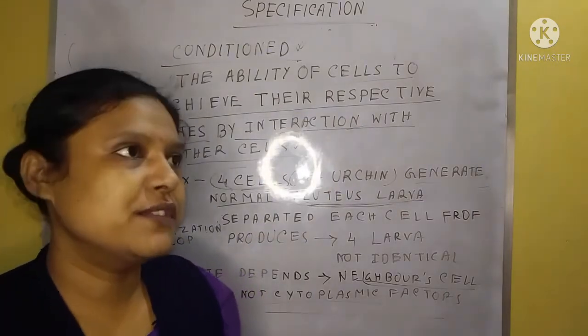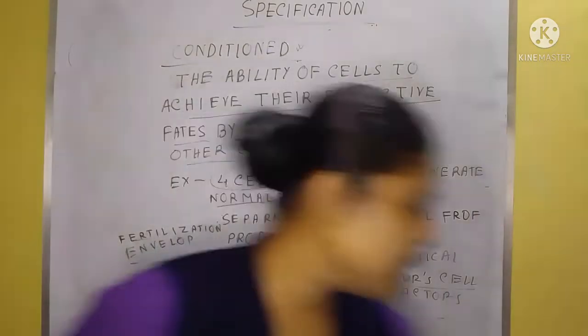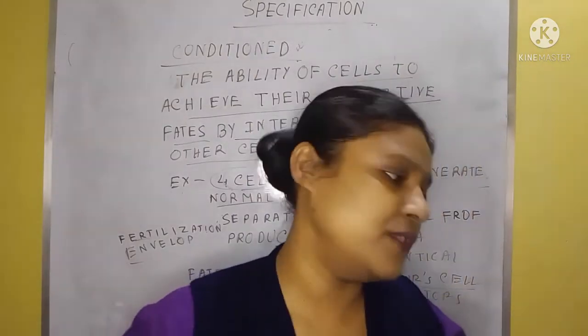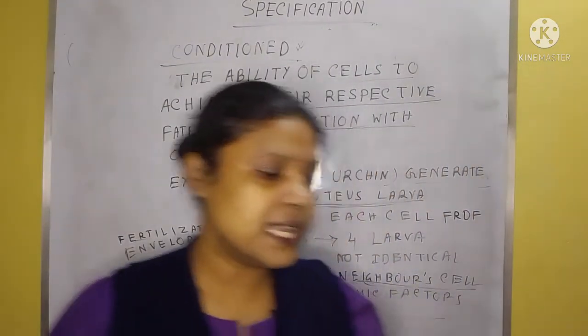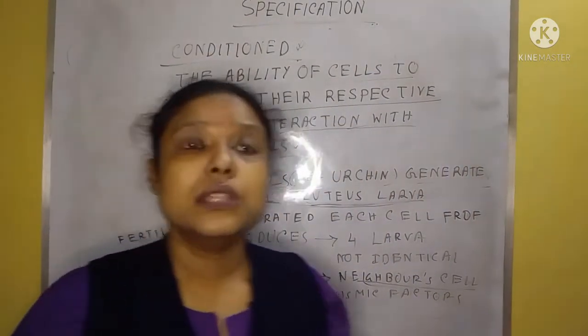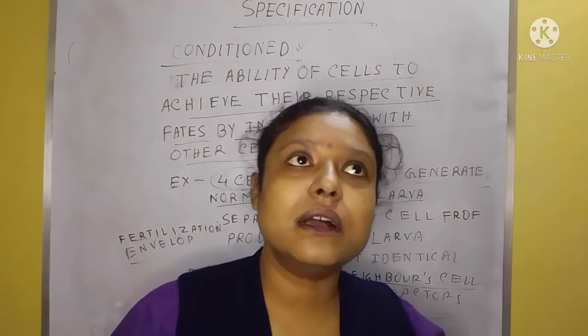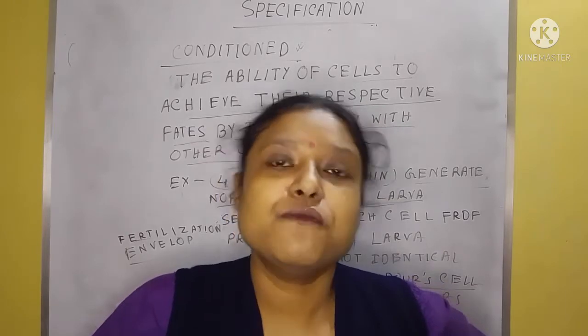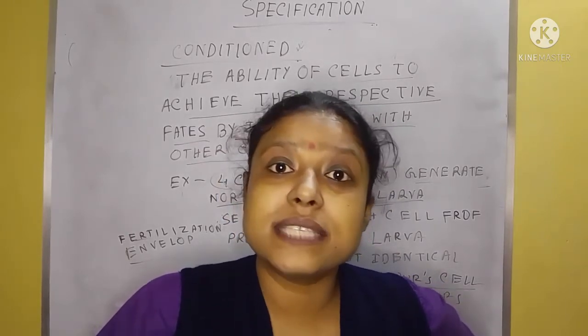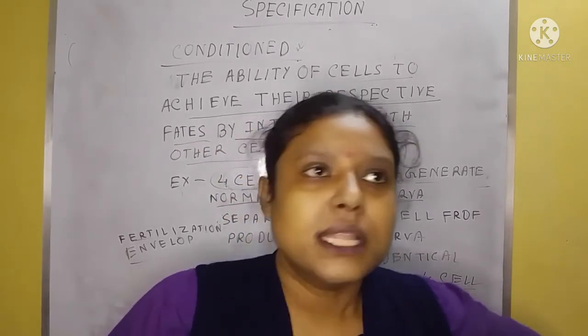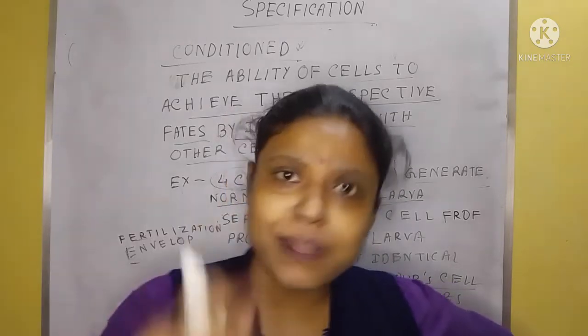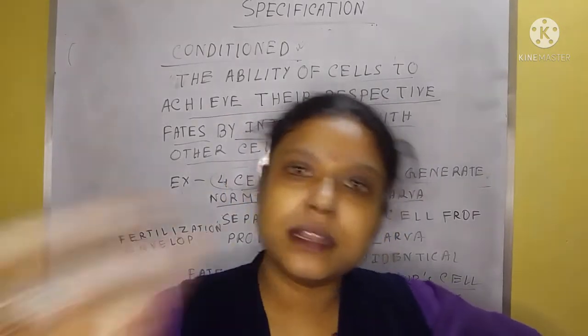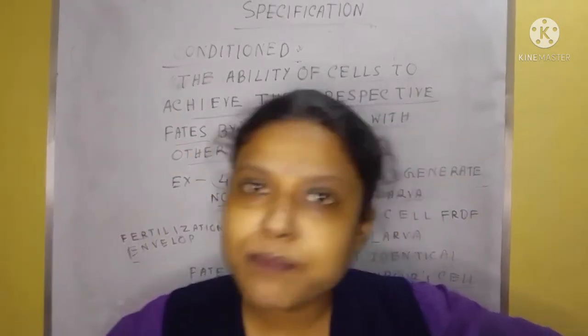Another type of specification is the syncytial specification, and it is seen in insects. Before understanding the syncytial specification, first we learn what the syncytial system is. That means one cytoplasm is present, but there are many nuclei. How is that possible?